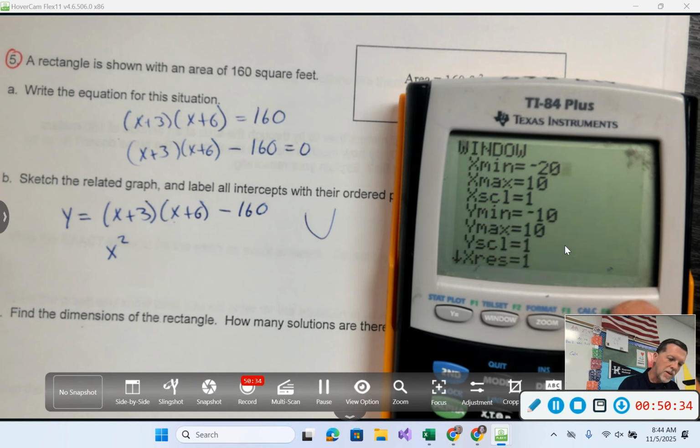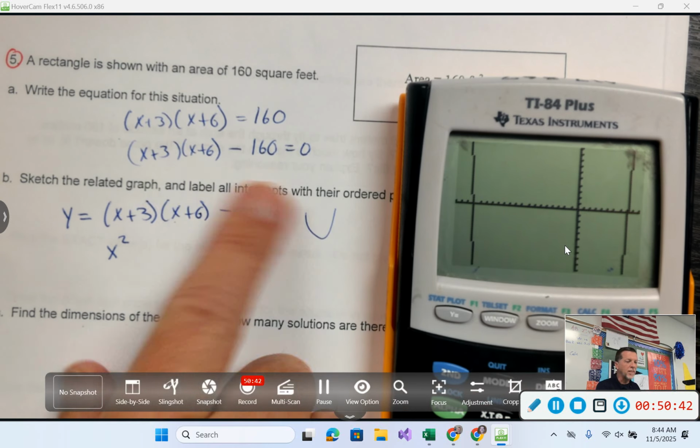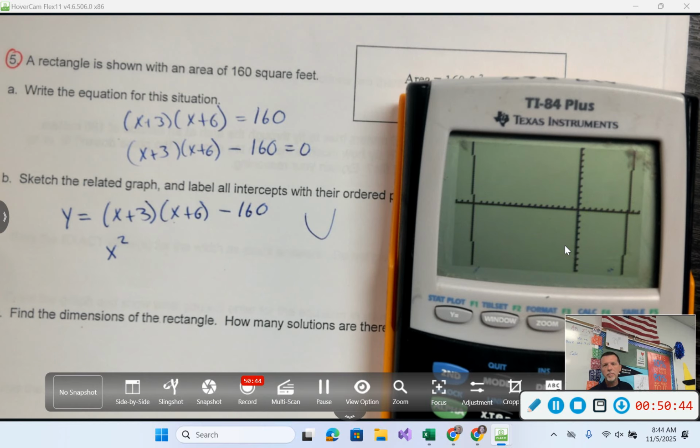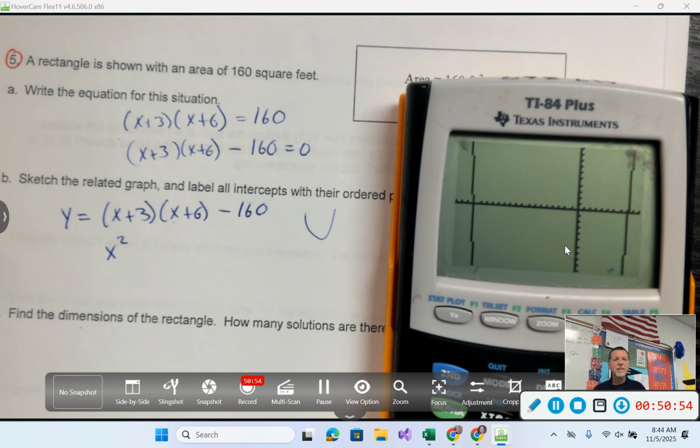Negative 20, maybe? I'm just guessing now. There it is. Because I want to find those zeros, because those zeros will make this equation true.